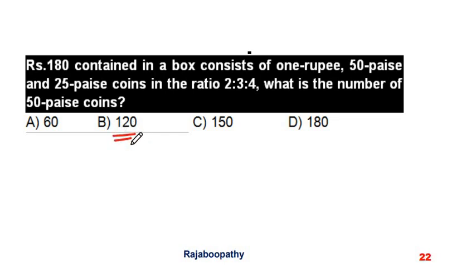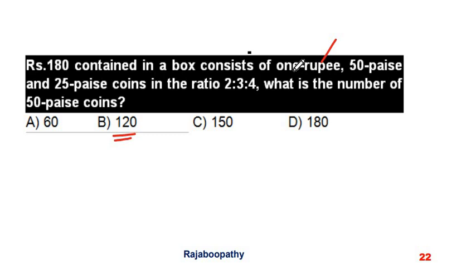We'll check. A box consists of 1 rupee, 50 paise, and 25 paise coins.